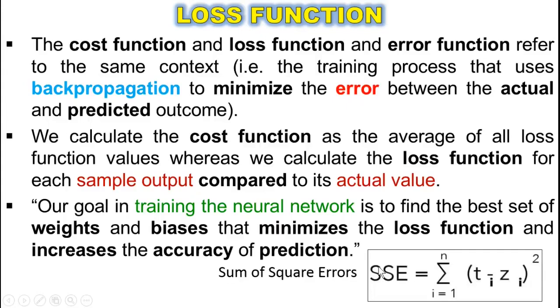There are many loss functions to choose from in performing the backpropagation to minimize the error between correct and wrong prediction, such as mean squared error and sum of square errors, to name but a few.